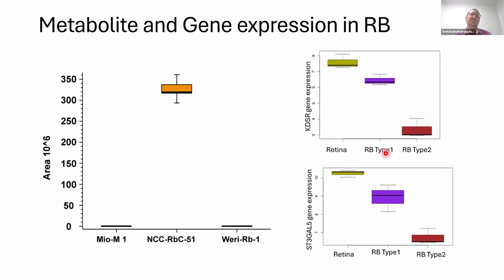But in RB type 1, which is non-invasive RB, it is somewhat low, but in the invasive RB type, it is very much downregulated. Similarly, the ST3GAL5 gene is also very high in the control retina, but it is severely downregulated in the invasive RB type.